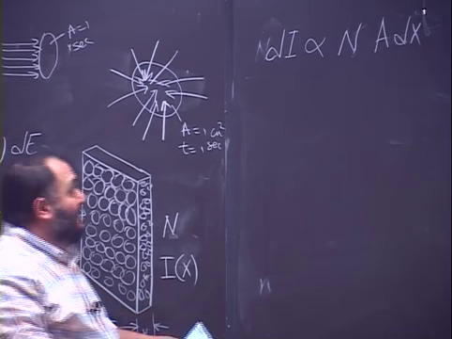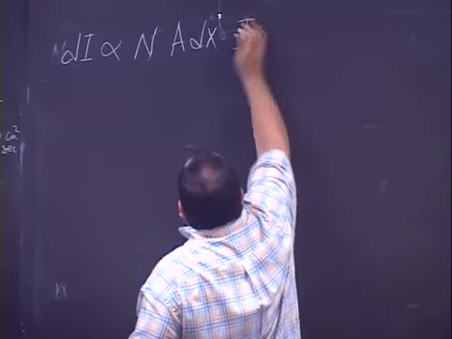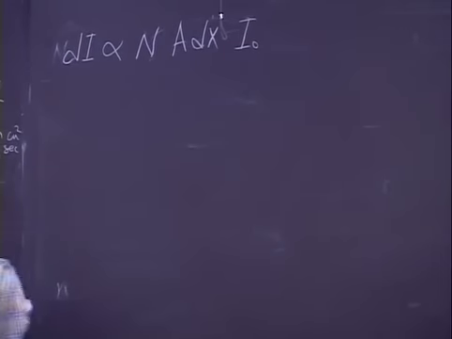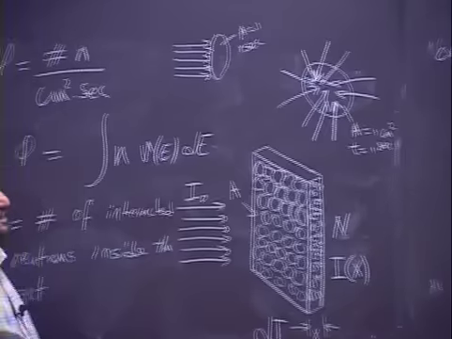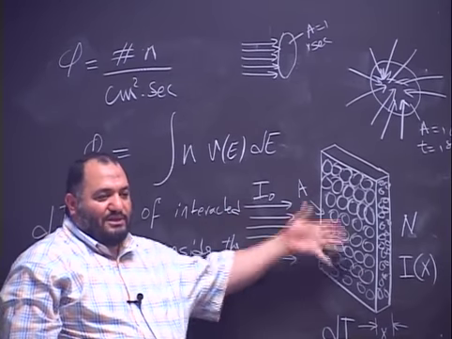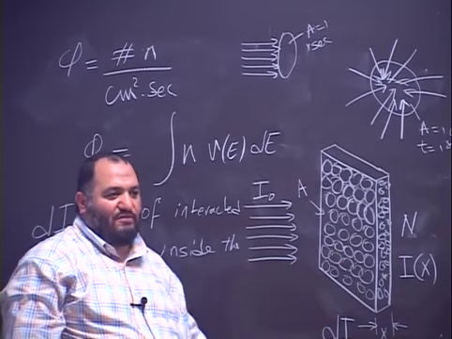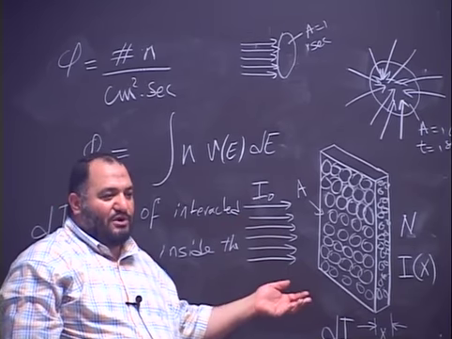And then finally, it also has a direct proportionality with the initial number, I naught. We call it I naught, I initial. Why? The larger the number of neutrons hitting the target, the more interaction you will have. The lower the number of neutrons hitting the target, the lower the number of interactions you have.